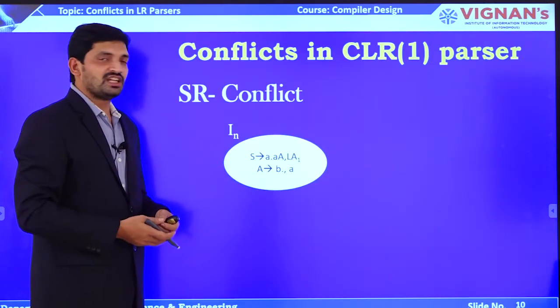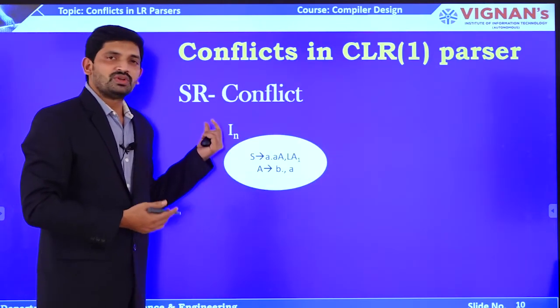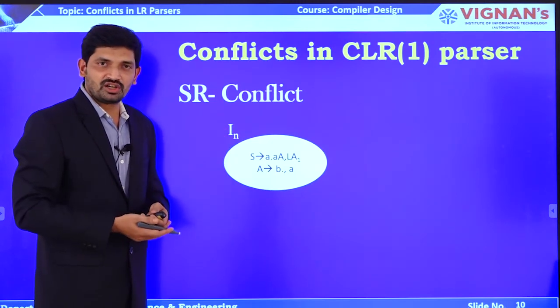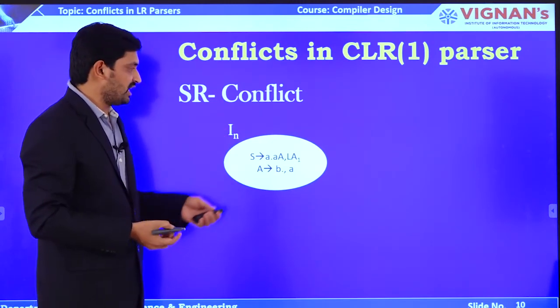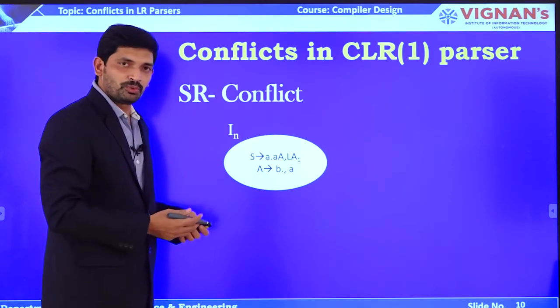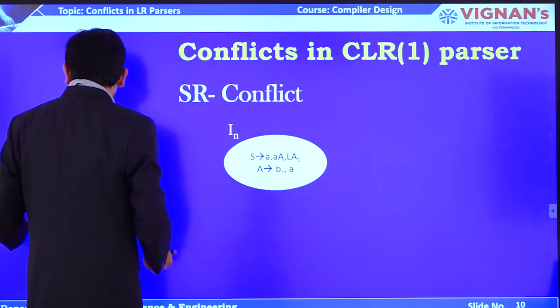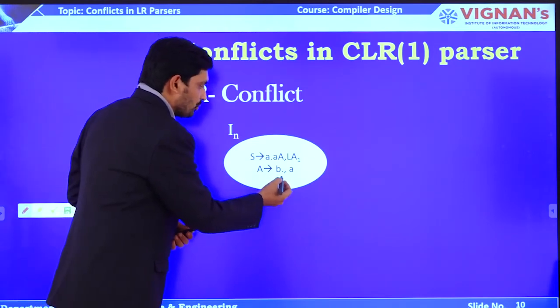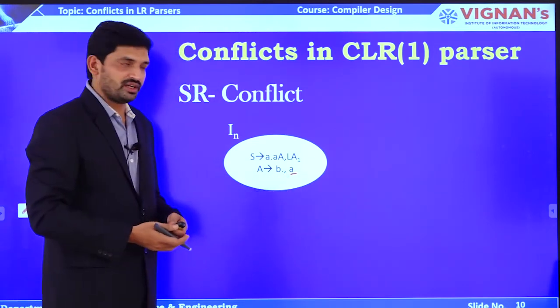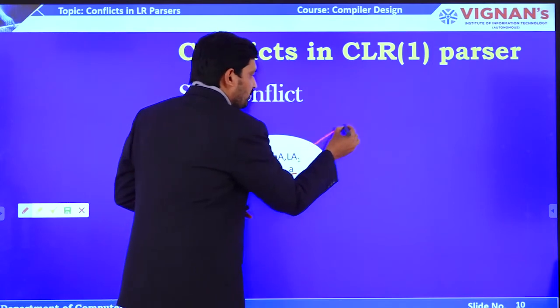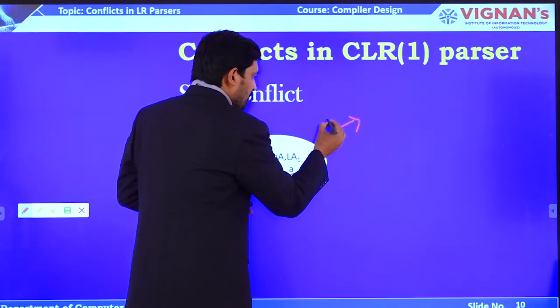Conflicts in the CLR1 parser. The first type is SR conflict, and here there is a state which consists of two productions: S tends to a dot capital A with lookahead, and here A tends to B dot with a as the lookahead. Now I am going to perform the go to operation depending upon small a.